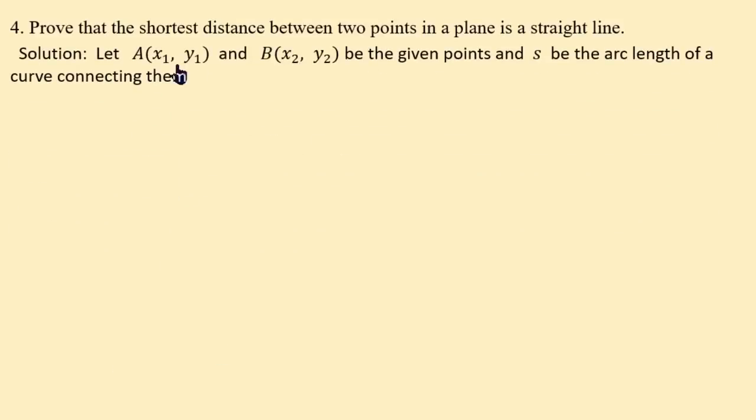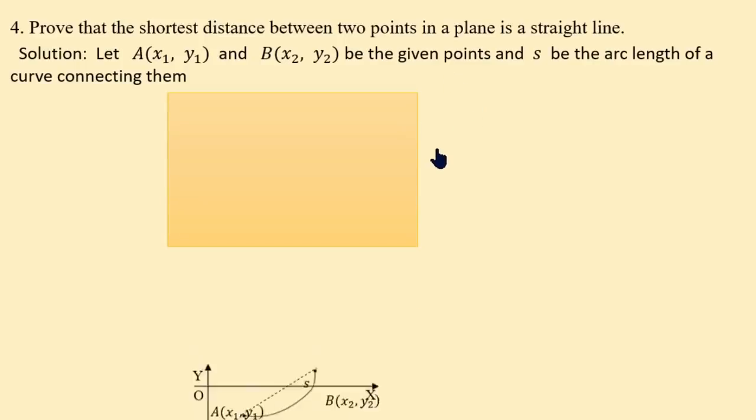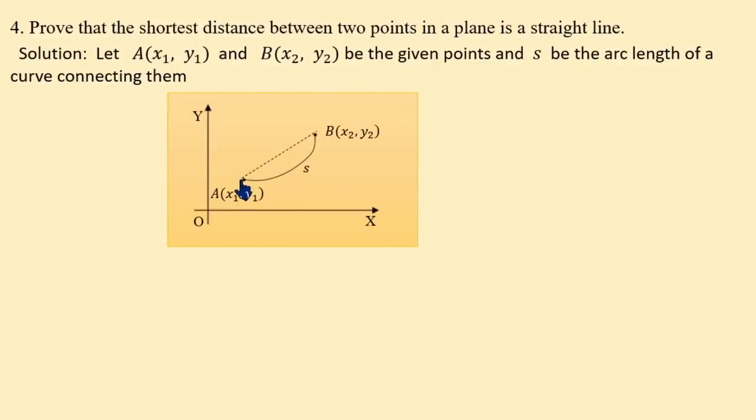Let A(x1, y1) and B(x2, y2) be the given points and S be the arc length of the curve connecting them. Here A and B are the given points on the plane and this S is the arc length of the curve. This curve connects A and B, not this dotted line.